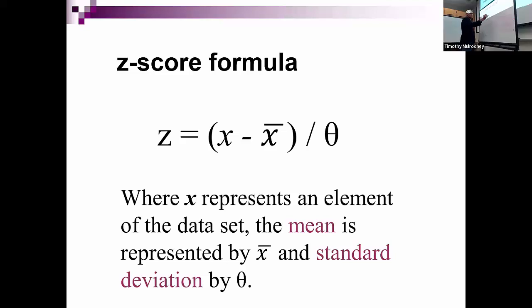And then sigma, the standard deviation of the entire data set, is, let's say, 4.2 years. So my z-score is going to be equal to 40.2 minus 37, divided by 4.2.